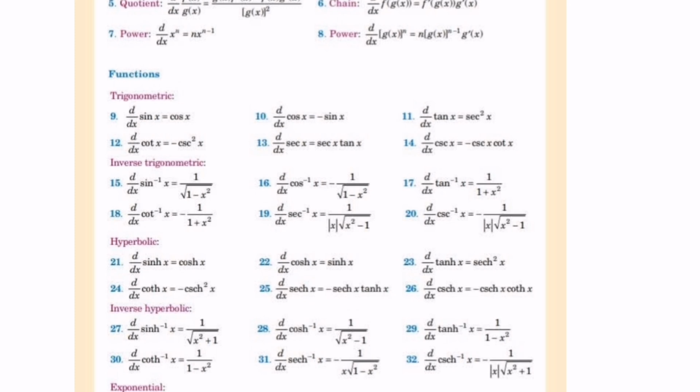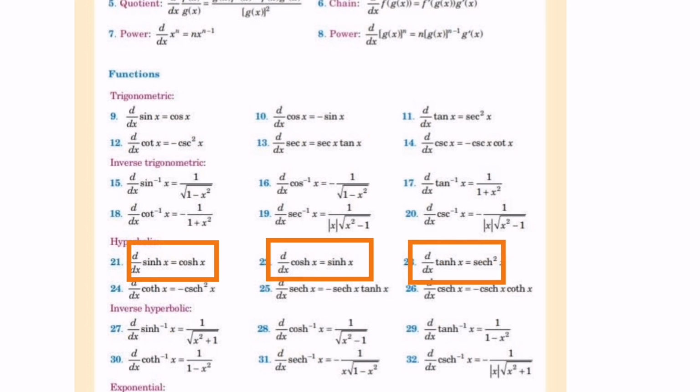Derivative of hyperbolic functions. Derivative of sine hyperbolic is cos hyperbolic. Derivative of cos hyperbolic is sine hyperbolic x. Derivative of tangent hyperbolic is equal to secant hyperbolic square x.